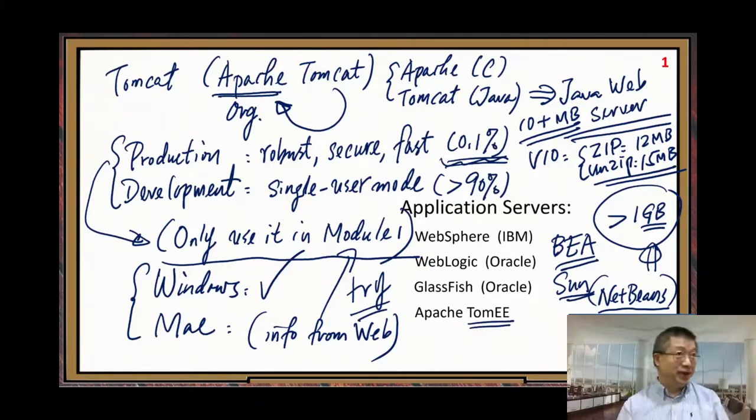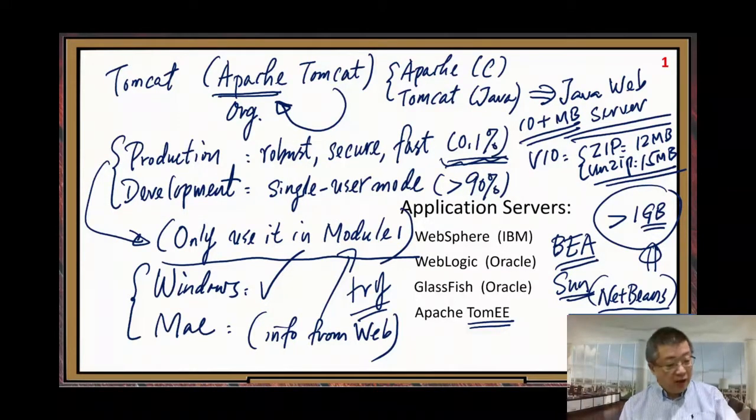It starts from Tomcat, but many important Java EE features were added to it, so it becomes a new application server, TomEE. That's under the Apache Software Foundation.